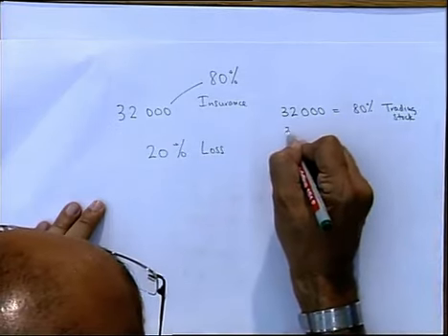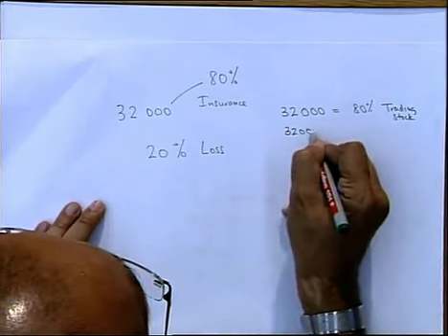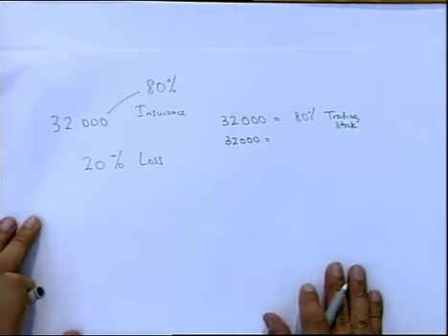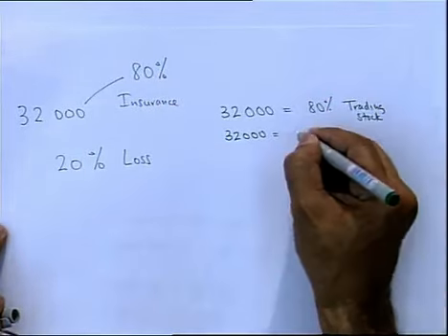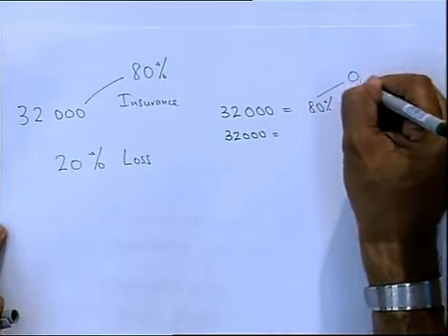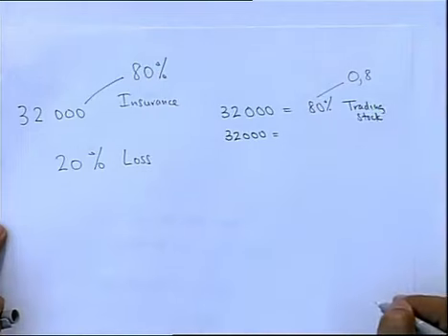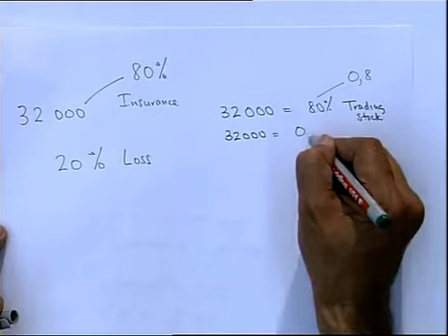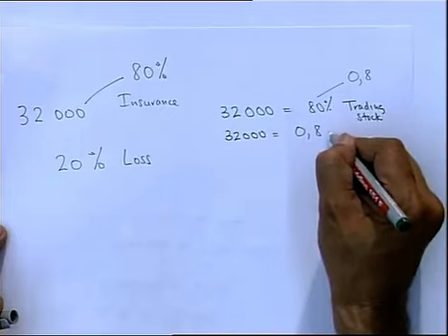Therefore, we say 80% in decimal form is 0.8. So we're going to say 32,000 equals 0.8x.